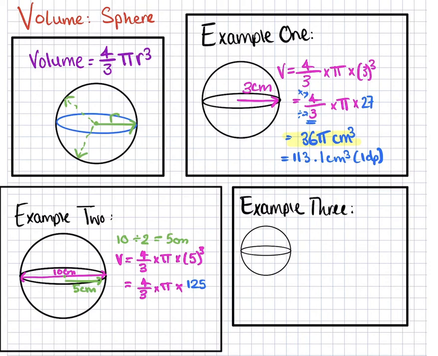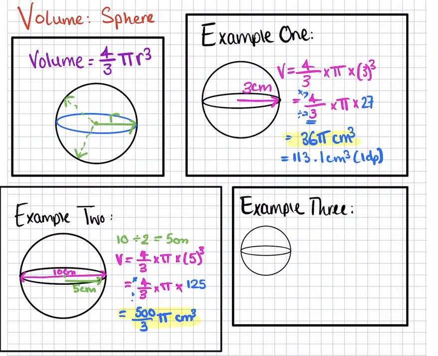And then I'm going to multiply this by 4 and divide by 3. Doing that will give me 500 over 3, because it does not simplify. And so I'm going to attach that pi to it, and then my units. And if I wanted an exact answer, this would be my solution.